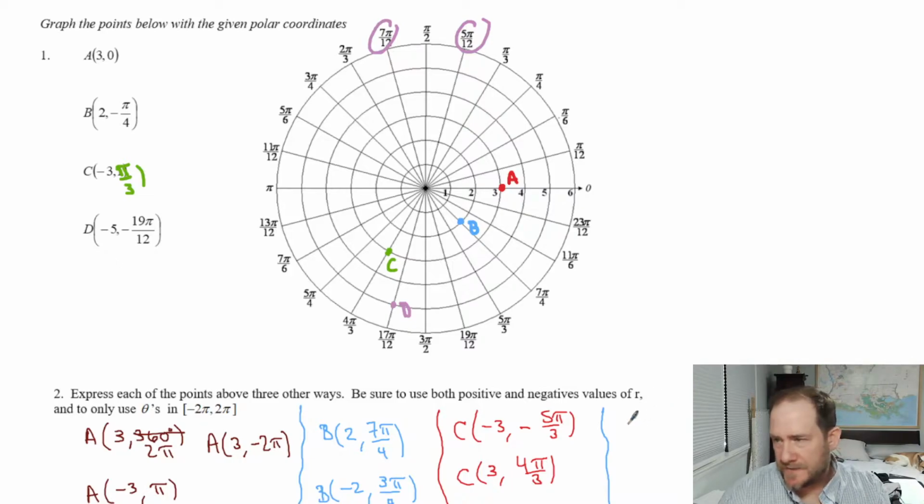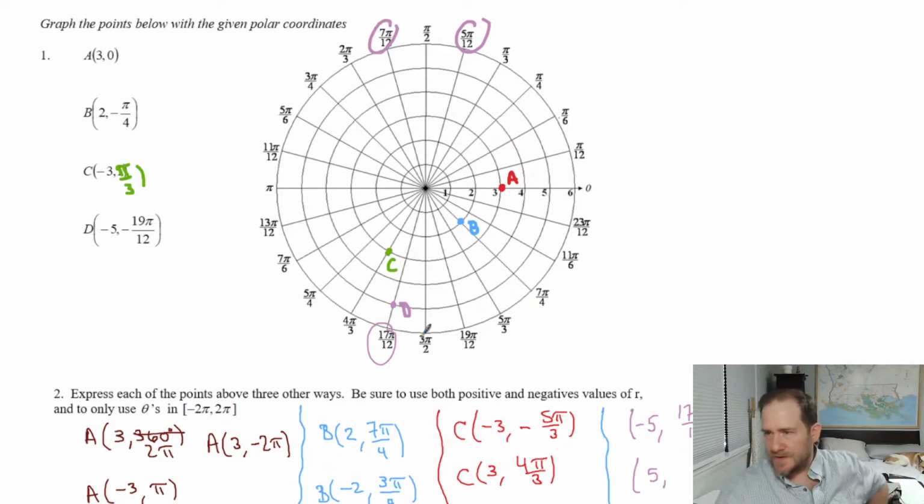And then finally for D, we've got our negative, so let's do a negative-positive. Without changing the radius, the positive angle that would rotate us here, you can see it printed right there, 17π/12. If we made the radius positive, oh, that's not right.